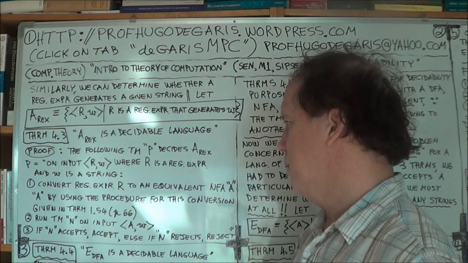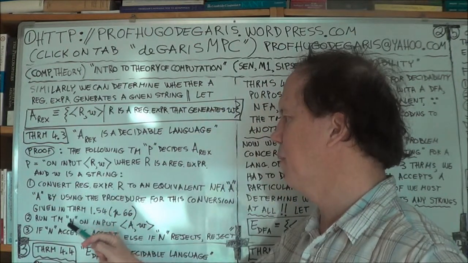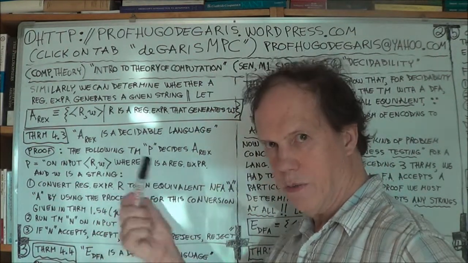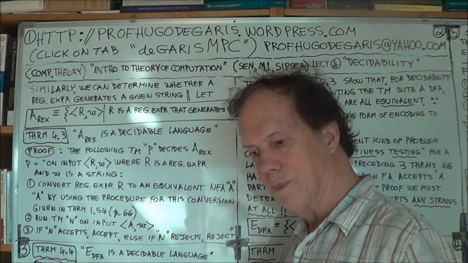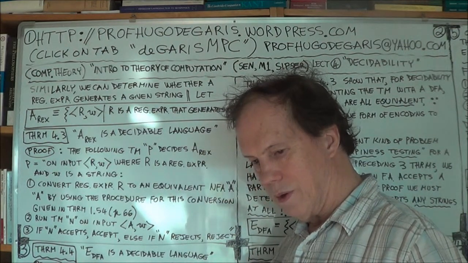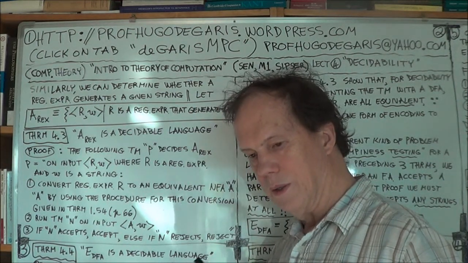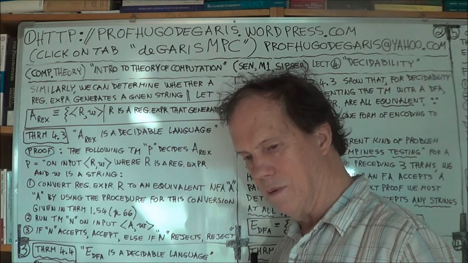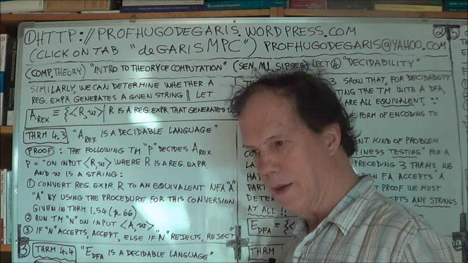Turing machine P will have as a component Turing machine N. Go back to a couple of sessions back, when we were talking about whether an NFA will accept a random string.